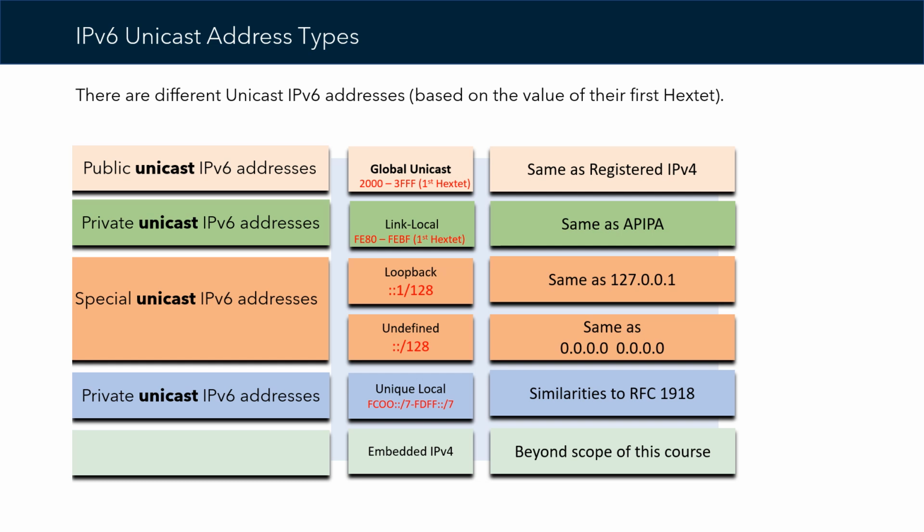Private unicast IPv6 addresses are the same as RFC 1918 IPv4 addresses, the one that started with 10, with 172.16 through 172.31, and the one that started with 192.168. The first hexadecimal range of private unicast IPv6 addresses is FC00 through FDFF.